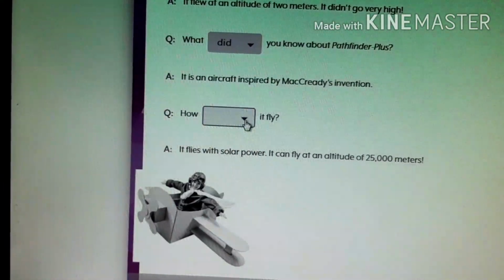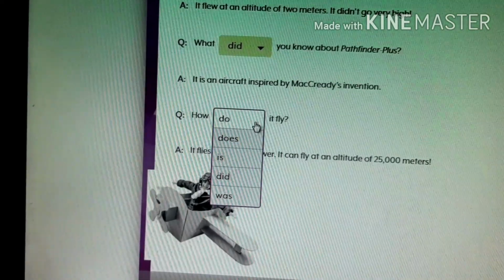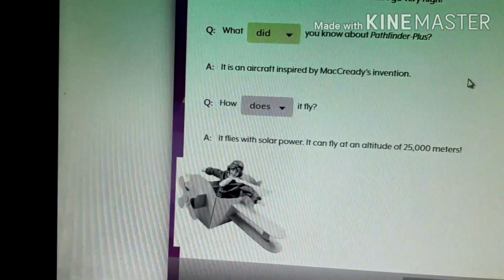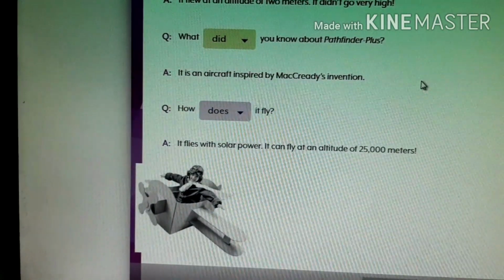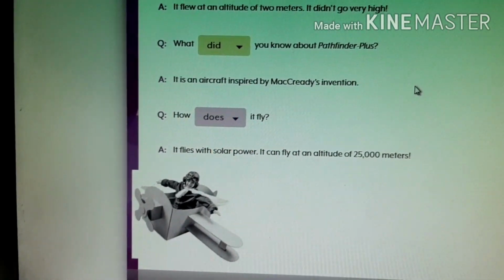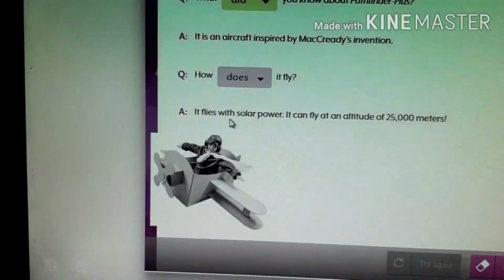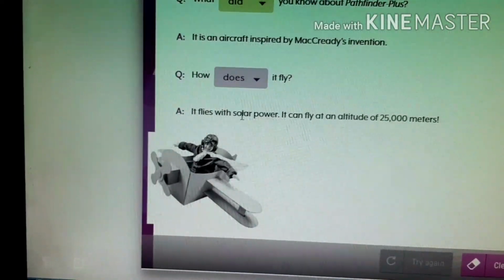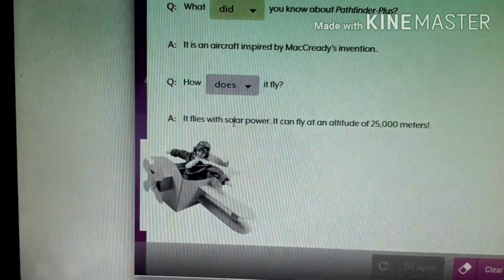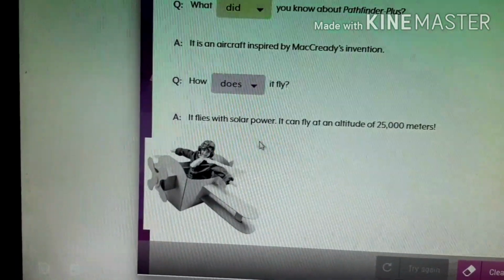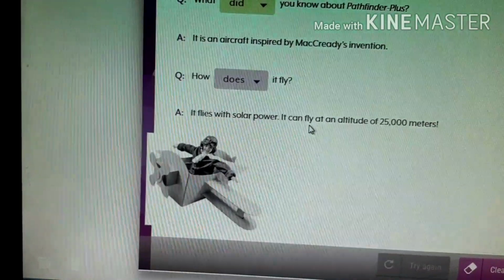And the last one, how does it fly? ¿Cómo volaba? How does it fly? The answer, it flies, o cómo vuela, ¿verdad? ¿Cómo vuela esta máquina? It flies with solar power.